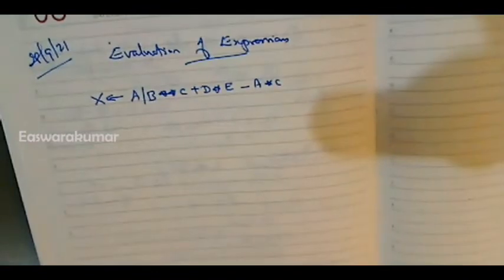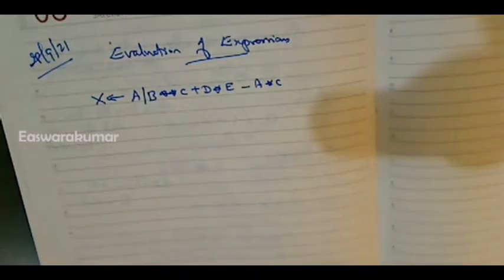Here you see we have not given any parentheses, but this expression can have several meanings depending on the way we interpret it. So given an expression, we have to define it uniquely.